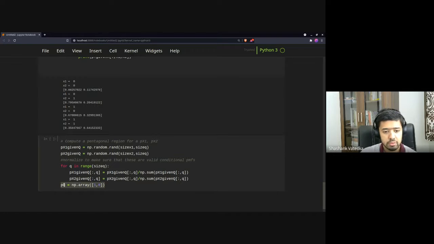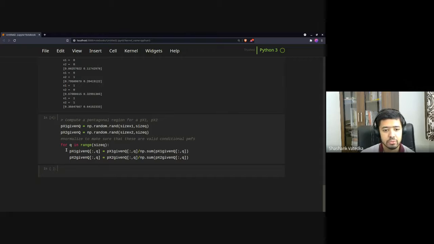So maybe do it separately. Okay, so I've generated a px1 given q and px2 given q. Let's look at pq equal to this, and using this, now I have a particular pq.